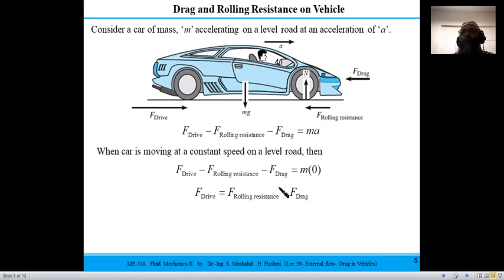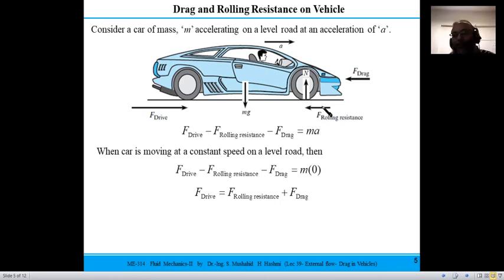Now we talk about the rolling resistance. As we know, the rolling resistance depends upon the contact area and the pressure distribution that takes place at the contact point between road and tire, and different tire grips and different road surfaces would have different friction, so this contributes to rolling resistance.